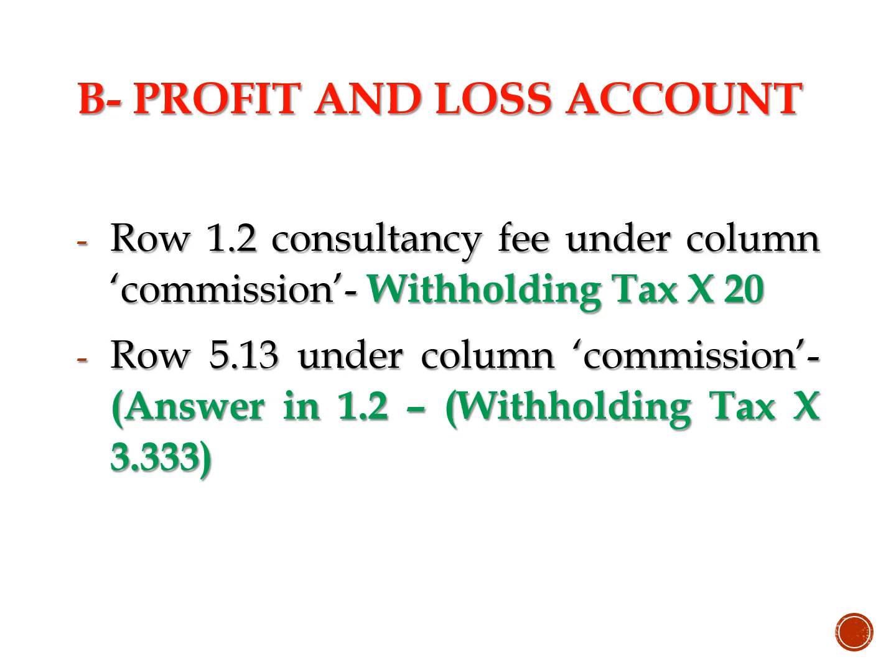So, for those who know little mathematics like me, you will start by taking the withholding tax times 3.33, then the answer you get there, you subtract it from the answer that you got in row 1.2, and you are good to go with the profit and loss account.